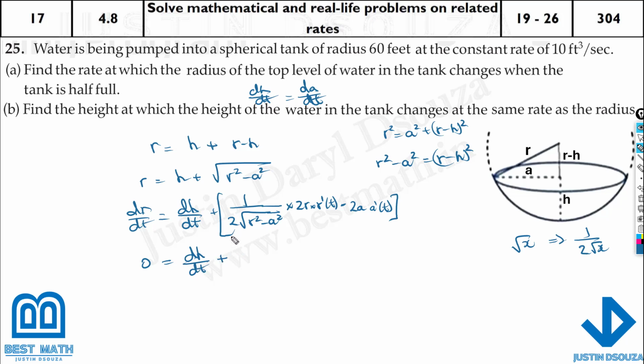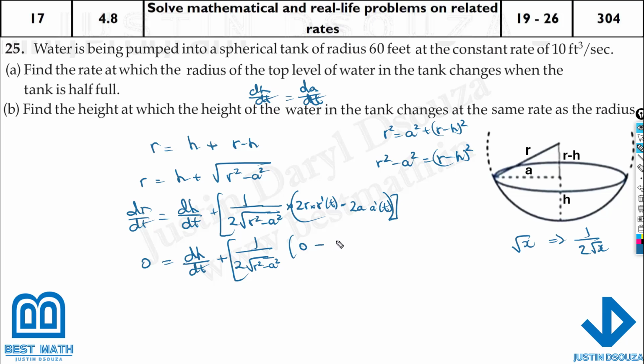What about this? Plus, we have 1 by 2 square root r square minus a square. This entire thing is multiplied with what? This is again a bracket which I forgot, right? Once we have derived the square root, then whatever is the chain rule is inside a bracket. Now here, r is 60, it'll be 2 times 60, 120, but the derivative of the constant radius of the sphere is 0.